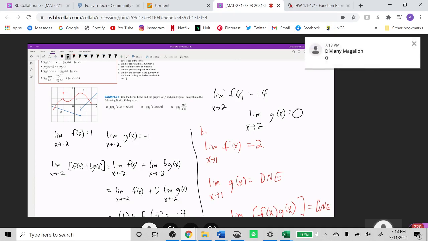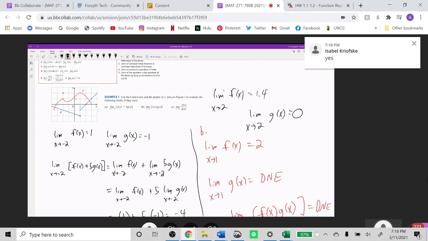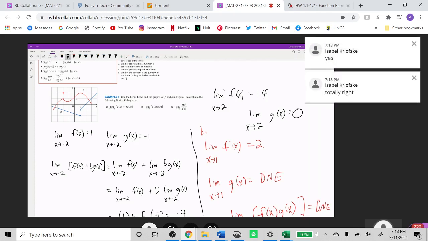This is a common, and I'm glad that you said that, because this is a very common point of confusion. A limit being equal to 0 does not mean that the limit does not exist, right? This is a very, very common point of confusion in a calculus class.